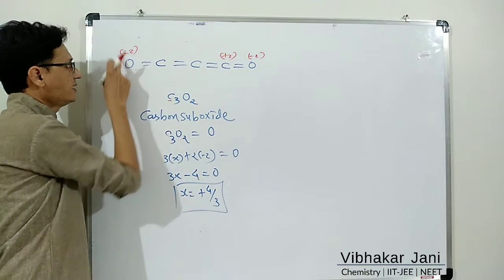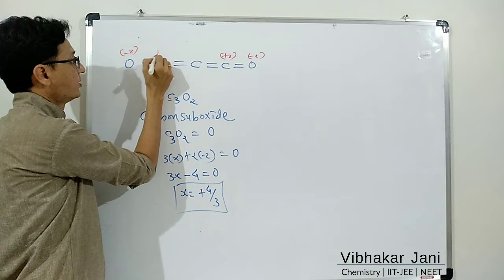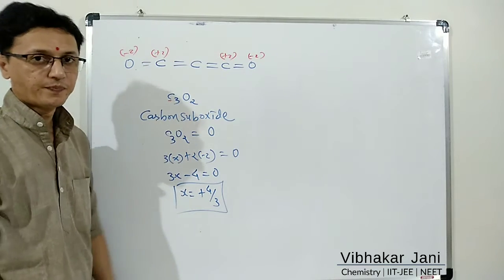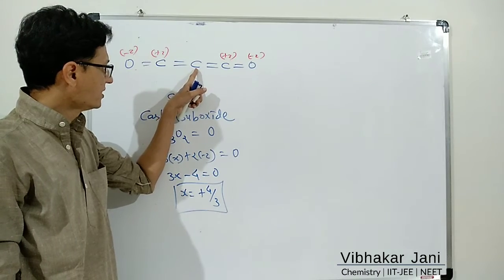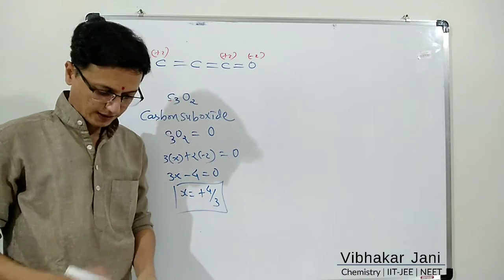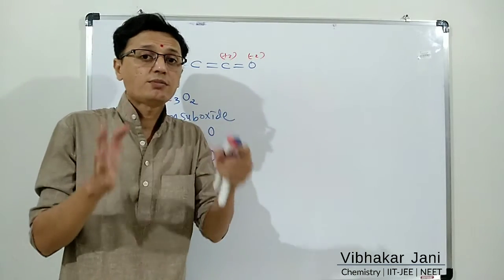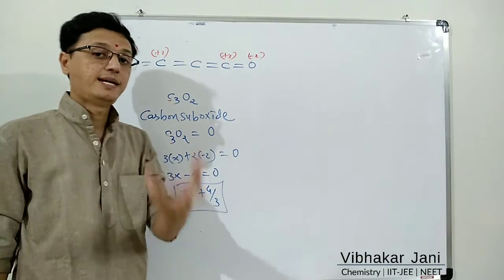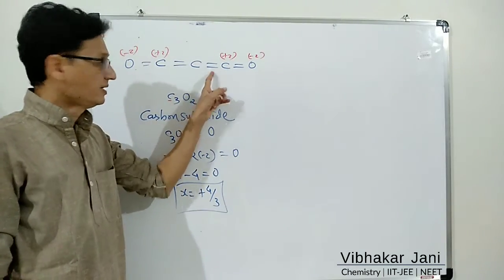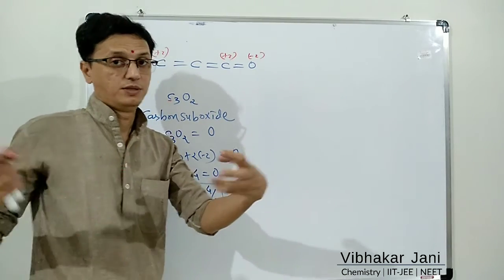Here also, this oxygen is in minus 2, so to neutralize its charge, this carbon will be plus 2. Now, here, this carbon is attached with carbon only. And the electronegativity difference between two carbons is 0, because all are carbon. They have the same electronegativity. So these electrons cannot be pulled by any carbon.